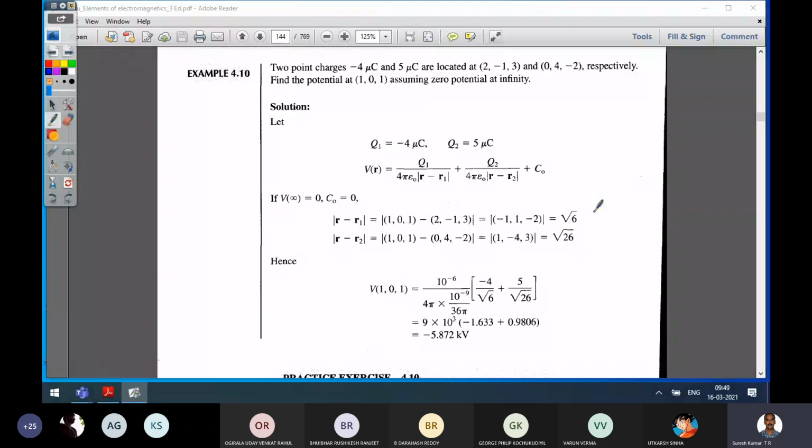Now hope this is visible. I have shared an example. See, I will take just 1 minute to complete this. So two point charges: let us say this is source charge 1 of -4 microcoulomb.